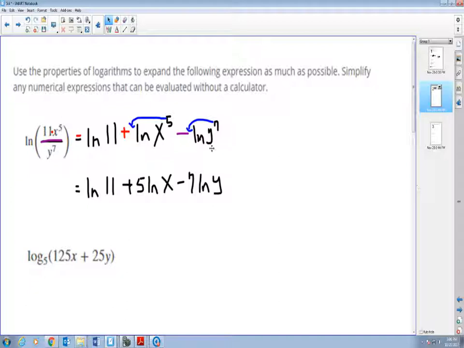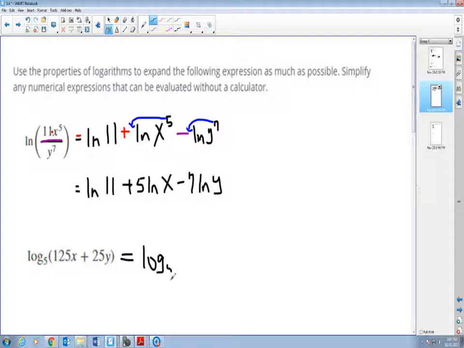If you look at the previous example, what's inside the parenthesis is only one term for me to split into multiple terms. Right now I've got 2 terms in here, so I have to somehow make these two terms into one term in the parenthesis before I can split them. Luckily, both of these terms can be factored, and I can factor out a 25.